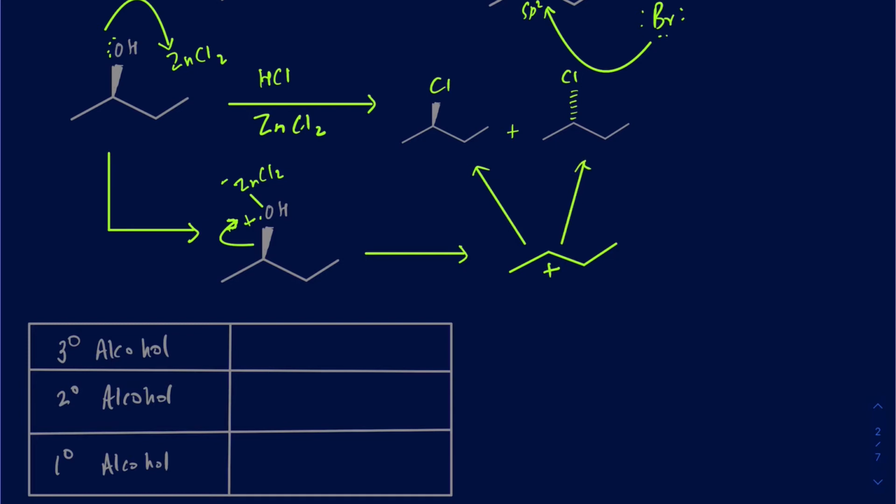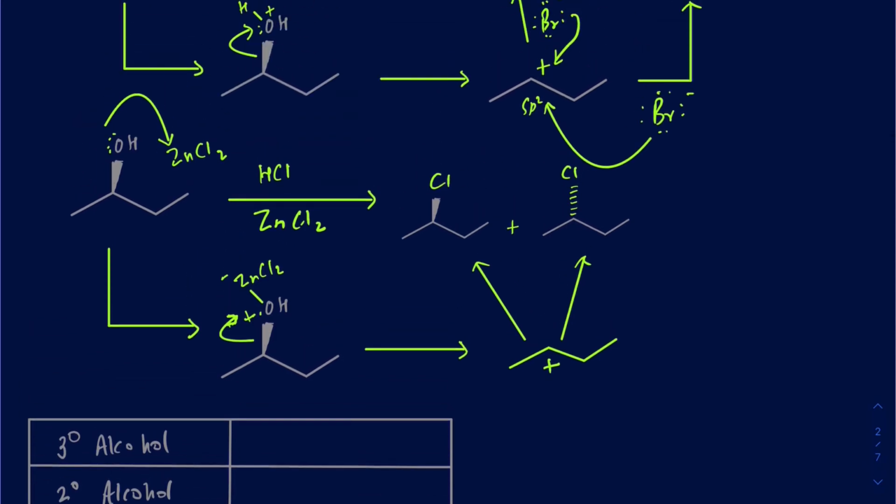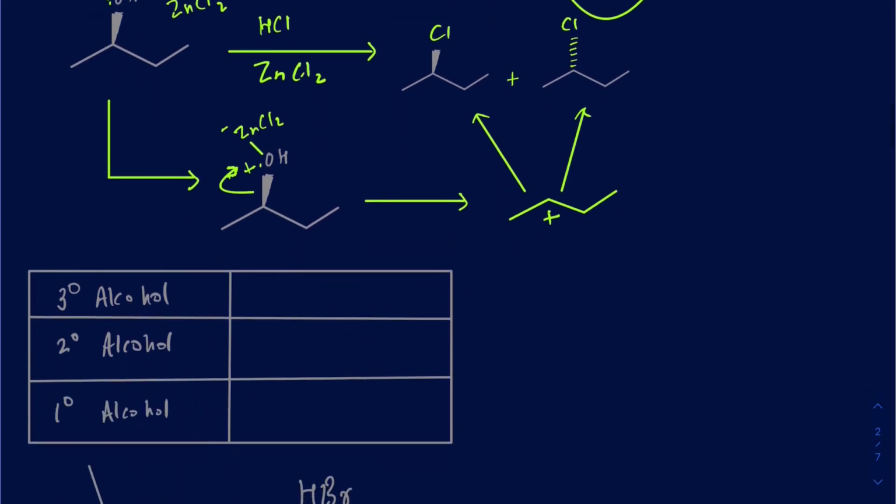Now remember, if you were using a primary alcohol, then you don't really make a carbocation, but in that case you do an SN2 mechanism. And if I give you a relative example here, like suppose this is my alcohol, and in the first step I'm going to be using zinc chloride there, and I'm going to be protonating this using the lone pair on the oxygen.